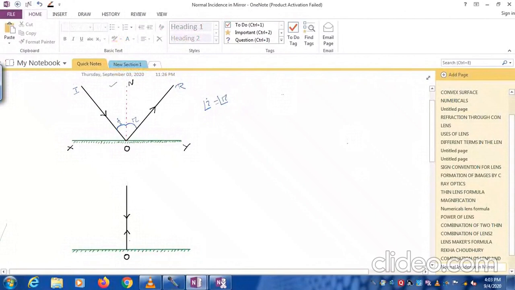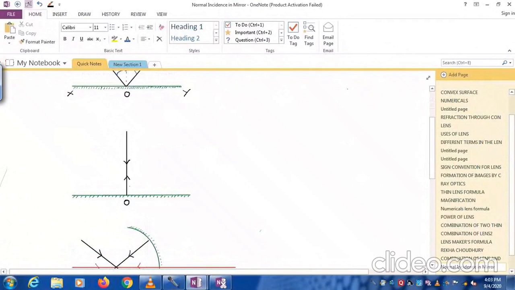So here OI is the incident ray, OR is the reflected ray, and XY is a plane mirror, and here ON is the normal to the mirror or reflecting surface at the point of incidence. And i is the angle of incidence, it is the angle made by the incident ray with the normal, and angle of reflection is the angle made by the reflected ray with the normal.